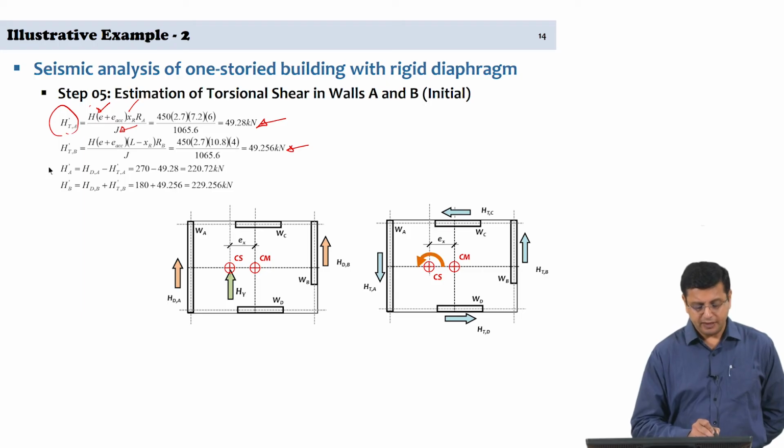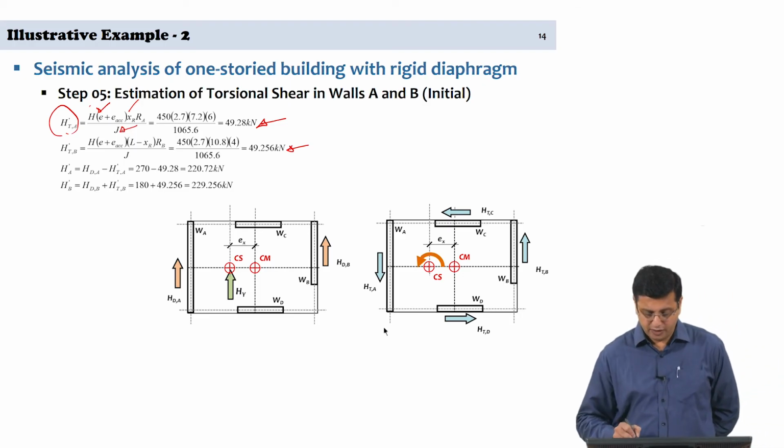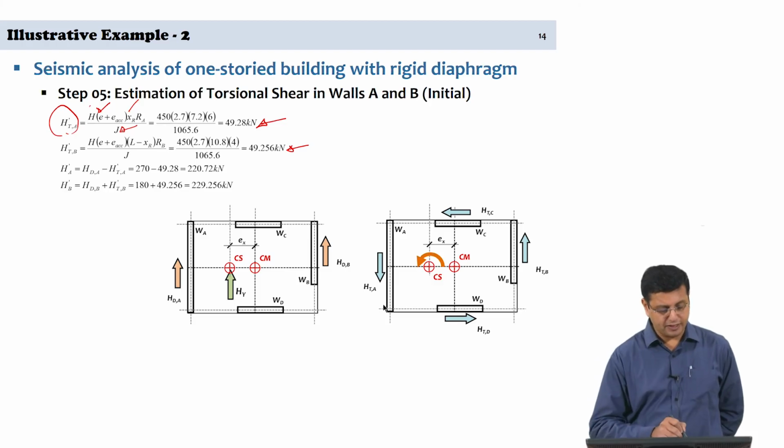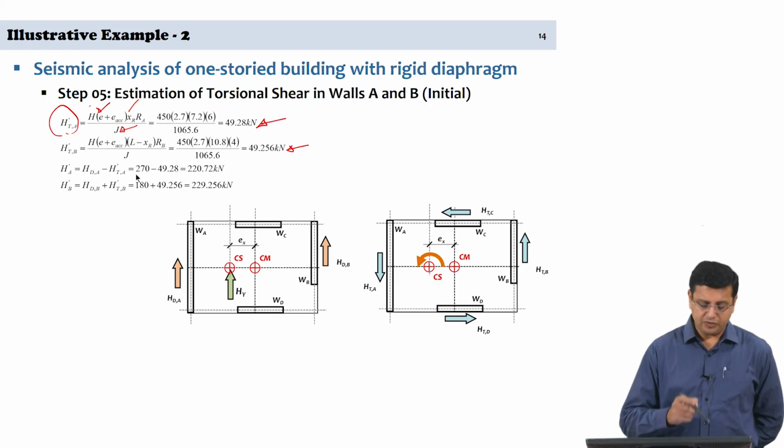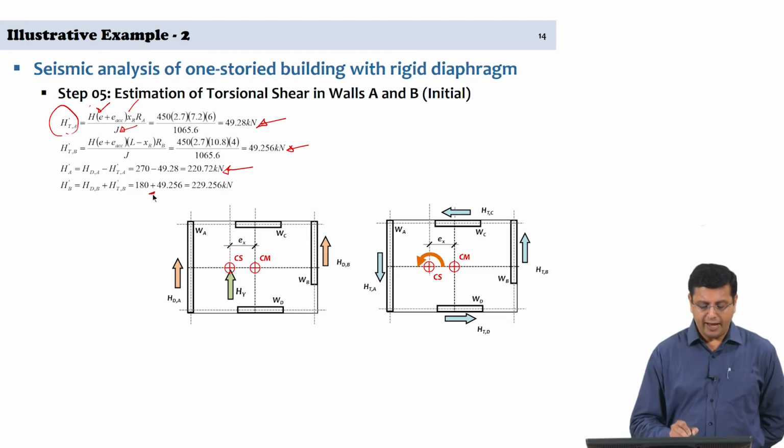So, you have H prime A, because it is an initial estimate, is equal to the estimate of the direct shear HA minus HTA. So, HTA is opposed in direction to HA, and therefore, I take 270, the direct shear component, minus 49.28, and I get the initial estimate of the total shear in wall A, whereas in wall B, HB and HTB are in the same direction, and therefore, we add these two effects.